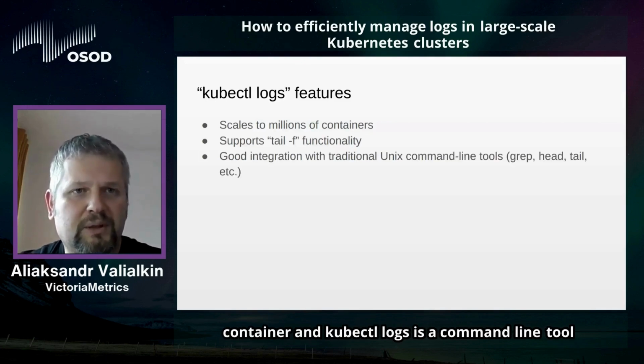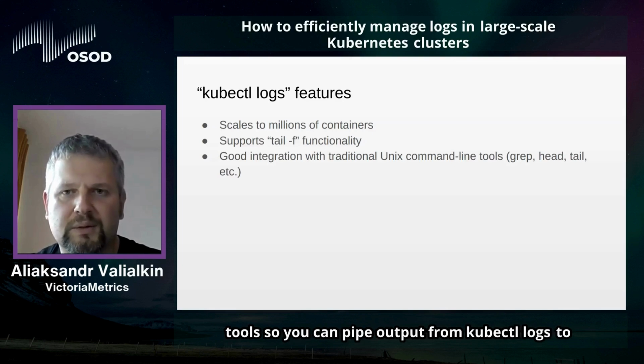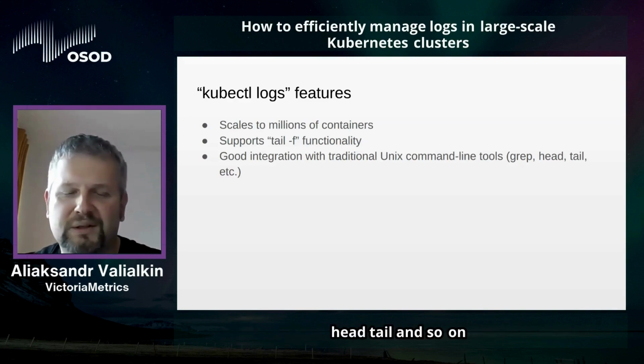And kubectl logs is a command line tool which has good integration with other Unix command line tools. So you can pipe output from kubectl logs to grep, head, tail, and so on.